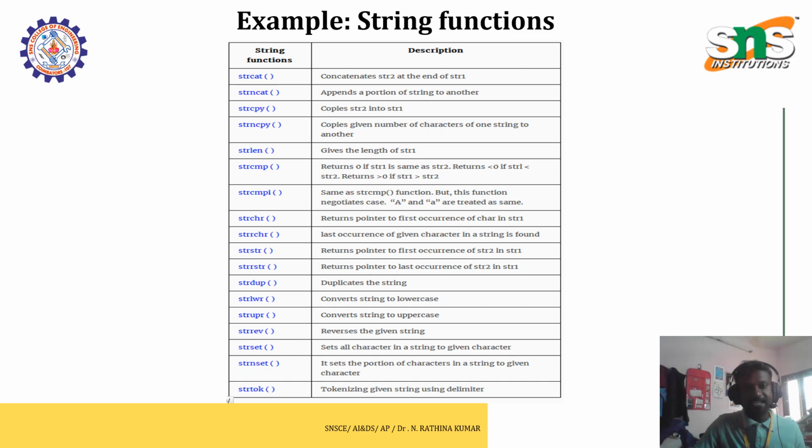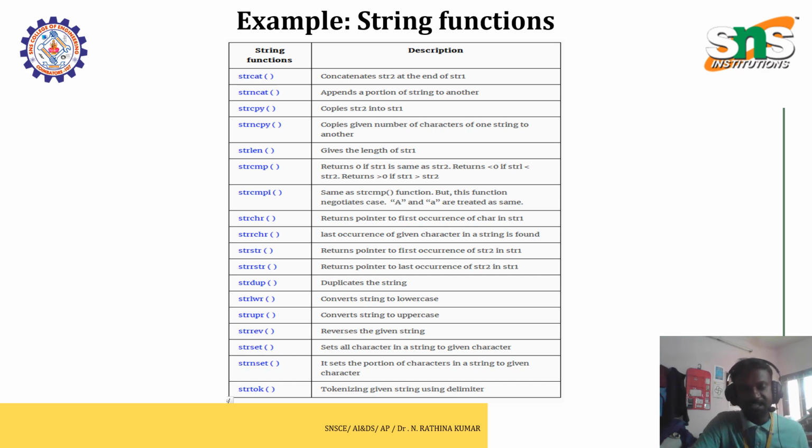So what is meant by cat? Append a portion of a string to another. That is called cat. Then what is meant by cpy? strcpy copies string 1 into string 2. Here they list 10 to 15 built-in string functions. Instead of just listing them, if we see one example, we can easily understand the concept.